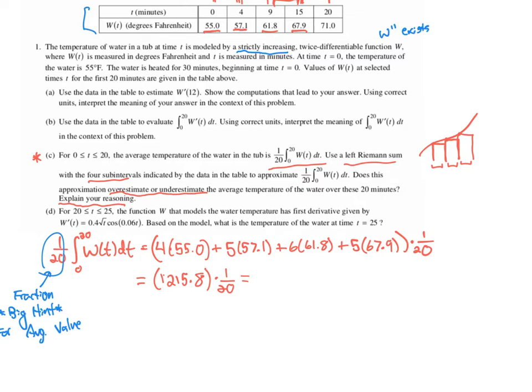And we end up with 60.79. And then the units on this, I need to remember, this is an average value, so the units on this would be degrees Fahrenheit. So the average temperature of the tub, that's what this is, the average temperature, is 60.79 degrees Fahrenheit.